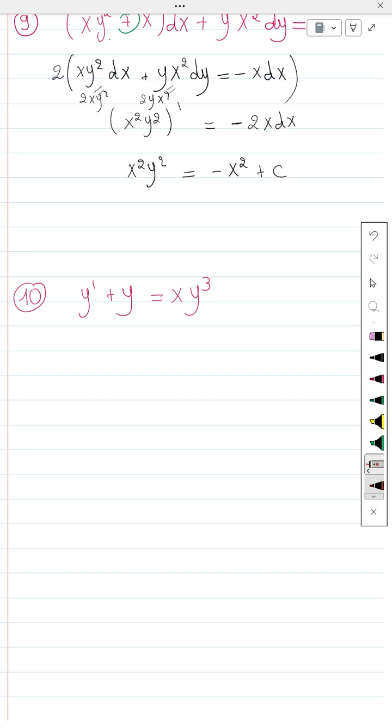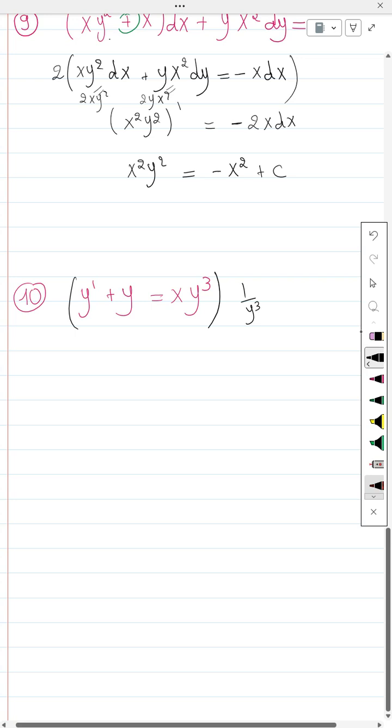So by multiplying the equation by 1 over y to the power of 3, we're going to obtain y prime over y to the power of 3 plus y to the power of minus 2, since y over y to the power of 3 is y to the power of minus 2, and it is going to be equal to x.